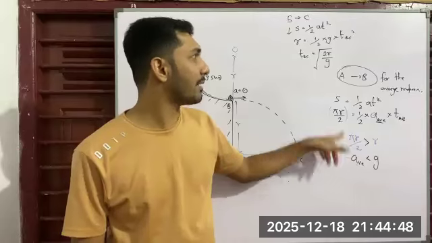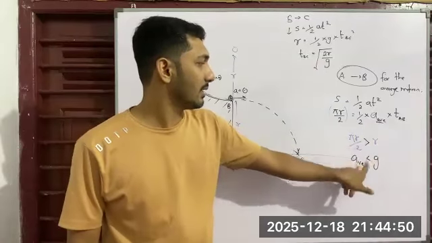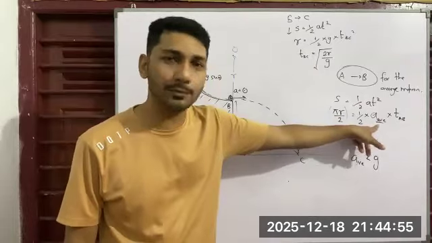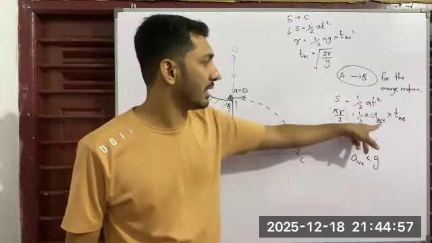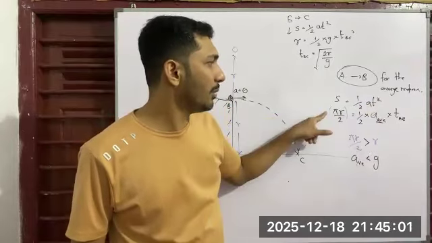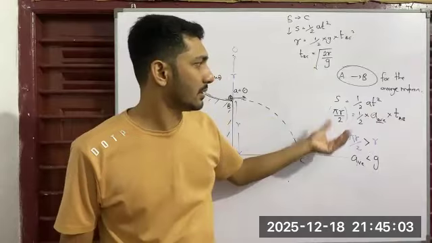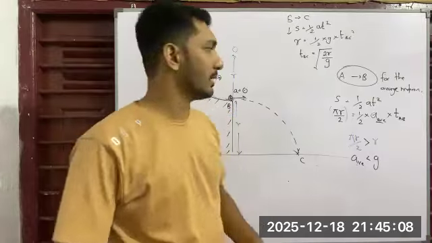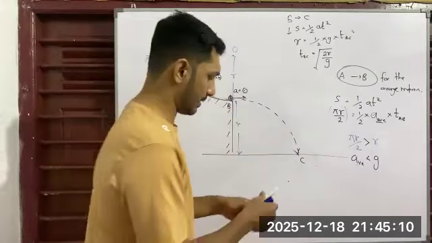Because this is greater than R, this is smaller than g. So the denominator is smaller, numerator is bigger. So TAB should be greater than TBC. Do you understand?